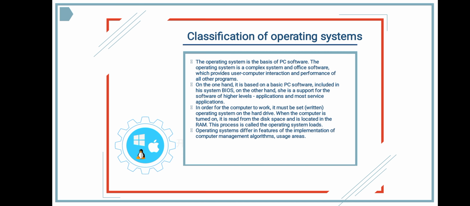On the other hand, it supports software of higher levels, applications and the services of applications. In order for the computer to work, an operating system must be installed, written on the hard drive. When the computer is turned on, it is read from the disk space and located in the RAM.